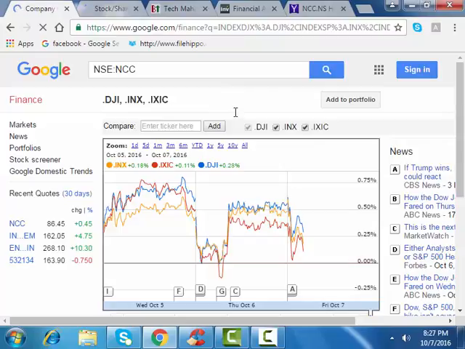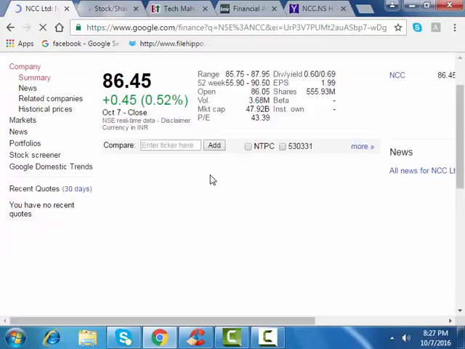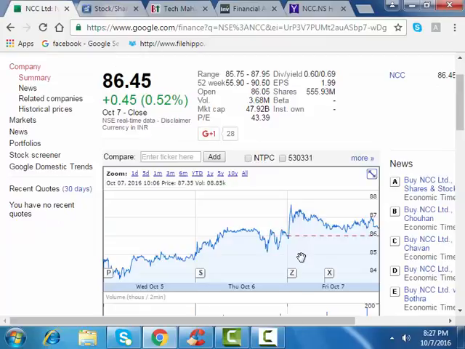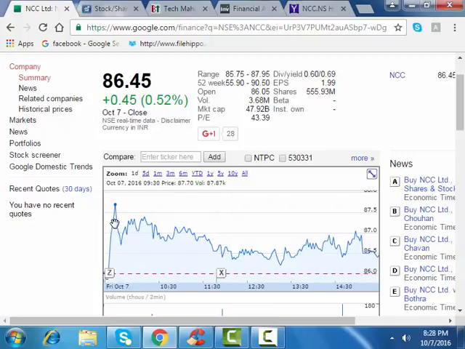So the chart will open, and the current price, high price, low price, and 52 week highs and lows will be there. Okay, current price is 86.45 and the chart is here. Select one day. It means it will show you from morning to market closing how much it makes a high and low, everything will be there.